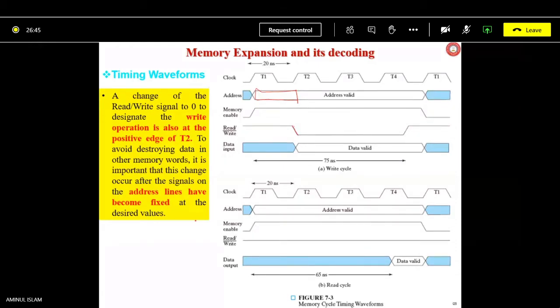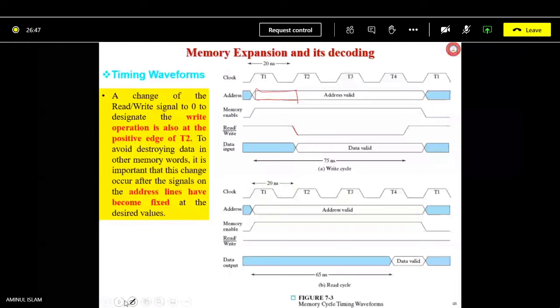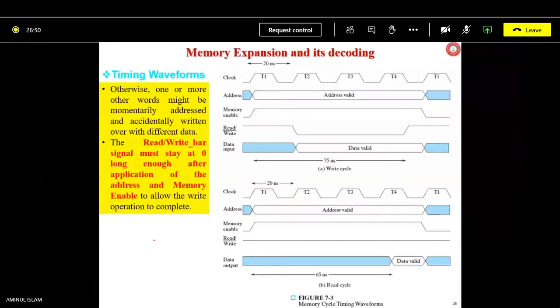Otherwise, one or more other words might be momentarily addressed and accidentally written over with different data. That's what it is telling: wrong data should not be written. So you send the data once the address is valid and selected.